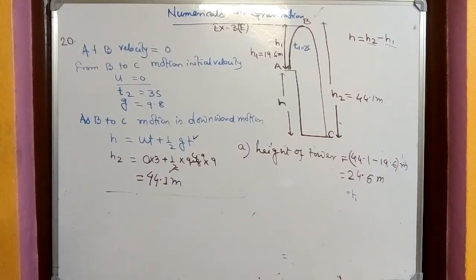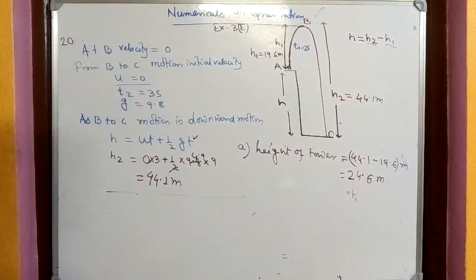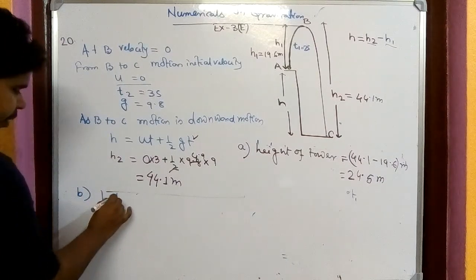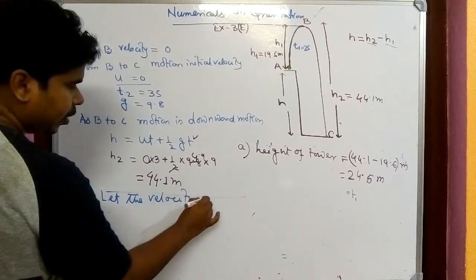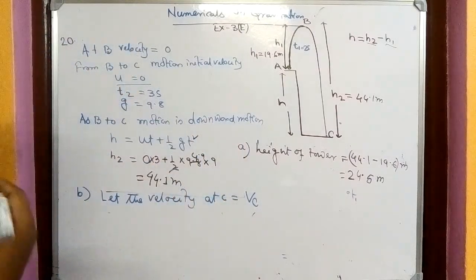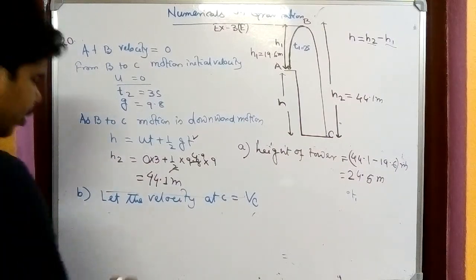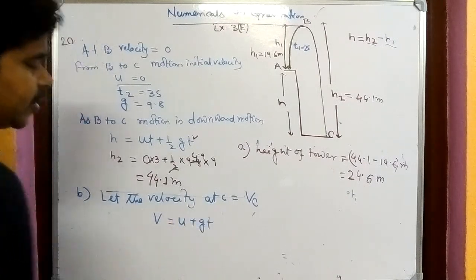Next, till now the numerical is not completed. The velocity of the ball on reaching the ground. So we have to find the velocity at point C. Let's do it, it's very easy. Let the velocity at C be Vc. Now which equation do we have to use? We use the simple equation v equals u plus gt. This is the easiest one.